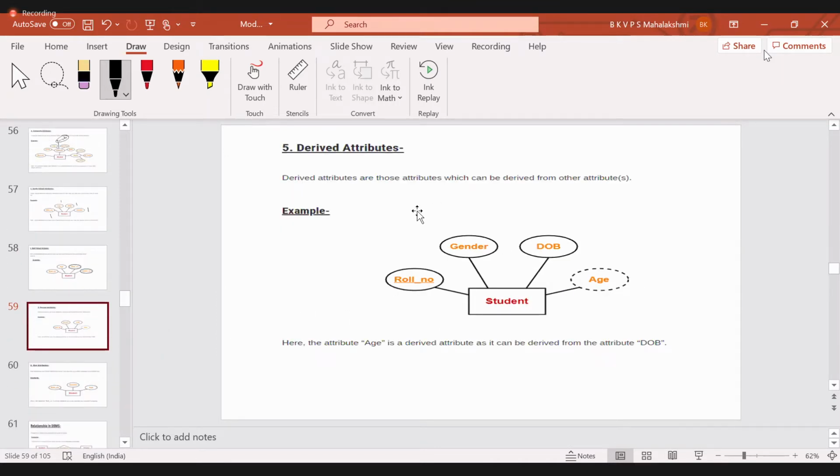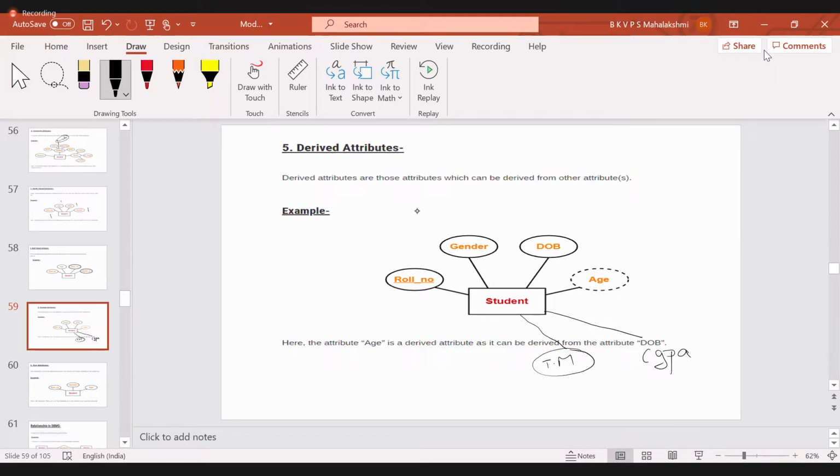Coming to the derived attribute. Suppose age and date of birth. If suppose we have total marks and CGPA, what representation should I draw for CGPA? For the derived attribute, see here, age is a derived attribute, because we are able to derive the value of age from date of birth. Hence we put the dashed oval shape.